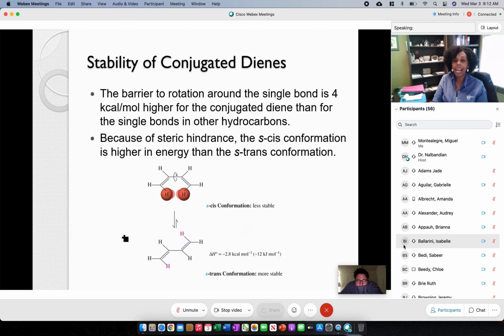With this diene, because we have this weak pi overlap, we raise the barrier to rotation. The barrier to rotation is how much energy we have to put in to rotate around that bond. That is increased because of this weak pi overlap.